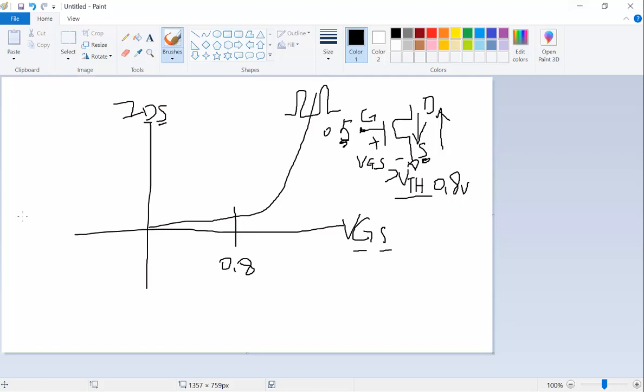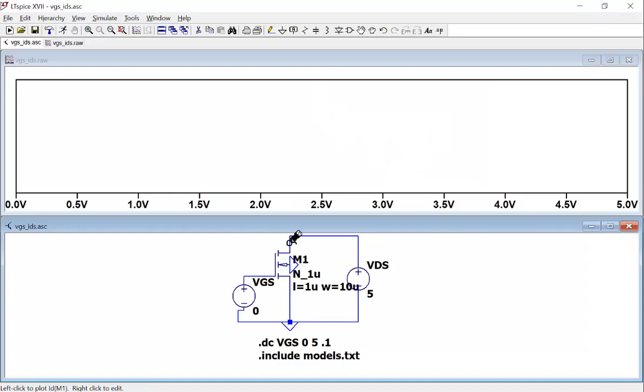If I probe here and probe here, are they going to be the same current? The gate doesn't have any current flowing into it. There's just one loop. There's just one circuit, right? If I probe it here, it's detecting a current flowing from top to bottom. If I probe here, it's IDS from top to bottom. Are they the same current?